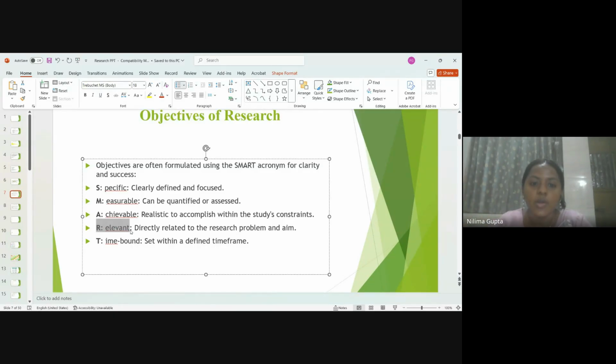For example, if I'm talking about climate change, 5 or 10 years down the line it is still relevant. And it should be time bound, which is very important. Whenever we conduct a research, it has a certain time frame. It can be as short as 2 or 3 years, or as long as 20 or 25 years. We have certain categories of research that go on for 20 to 25 years.